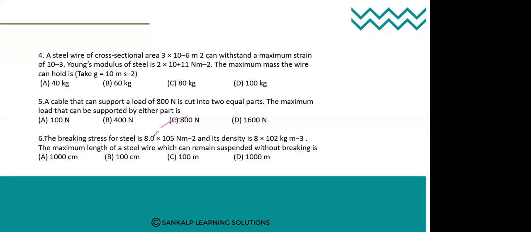Yes, the maximum stress is 8 into 10 to the power of 5, and the density is given as 8 into 10 to 2. The maximum length of the steel wire which can remain suspended without breaking is.